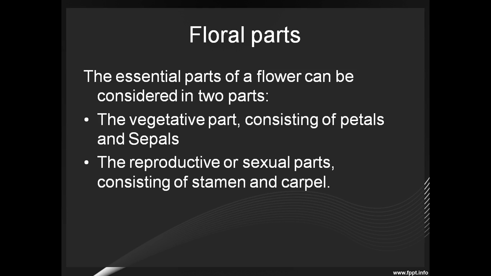Floral parts. The essential parts of a flower can be considered as two parts: the vegetative part consisting of the petals and sepals, and the reproductive or sexual parts consisting of stamen and carpels. The vegetative part, which consists of petals and sepals, doesn't take direct part in reproduction.